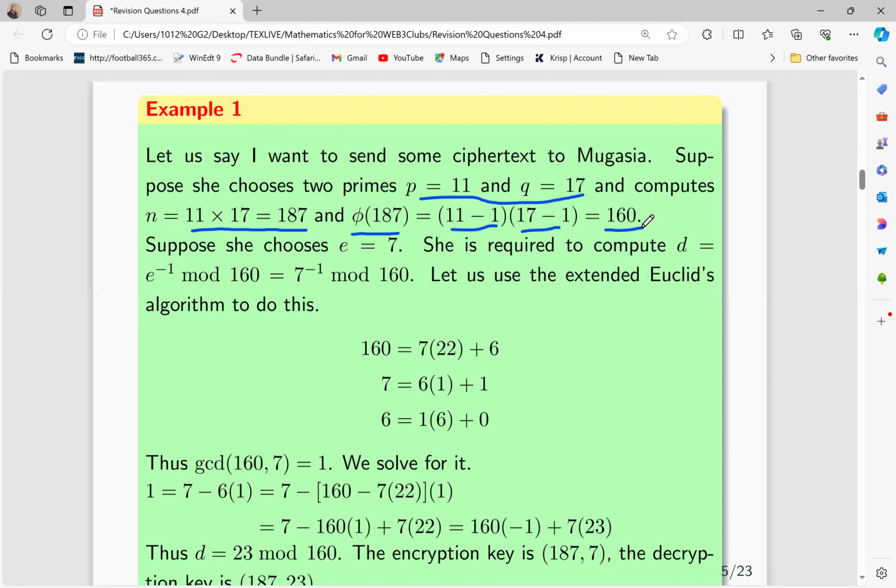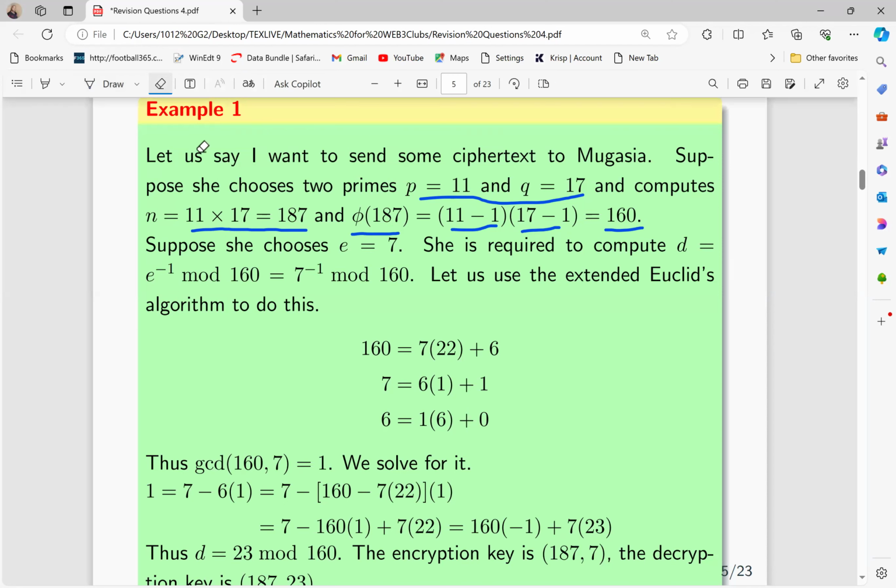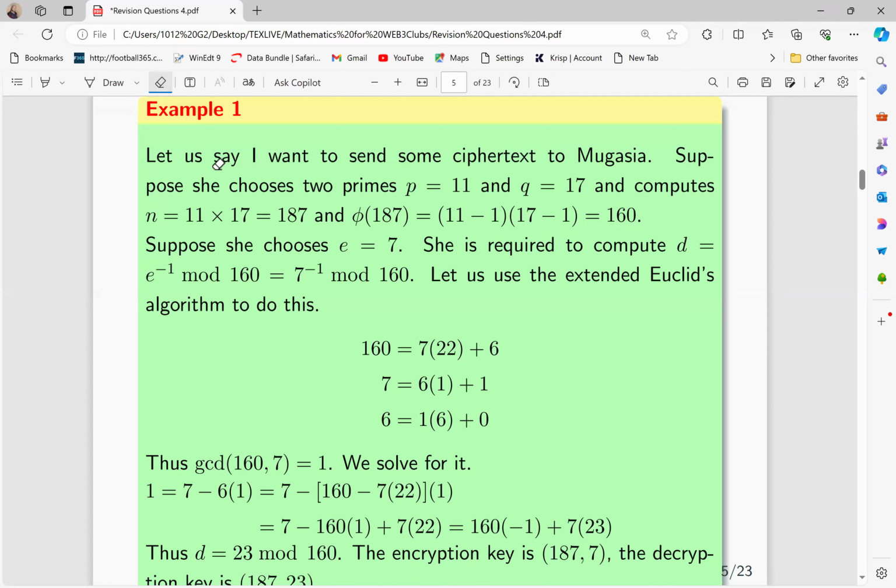The other thing she has to do is now choose a number which is relatively prime to 160. I'll again remind you of the use of the words relatively prime. When we say a number is relatively prime to 160, we mean a number which together with 160 has only one as a common factor.